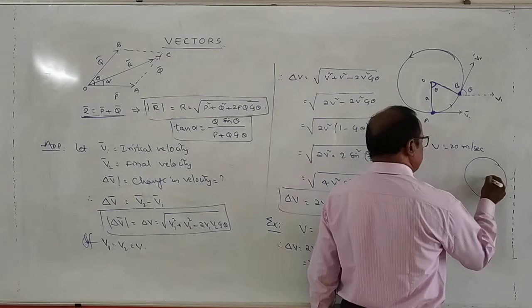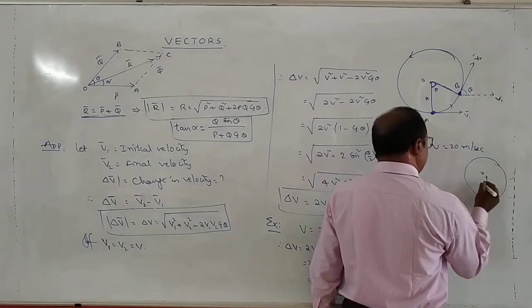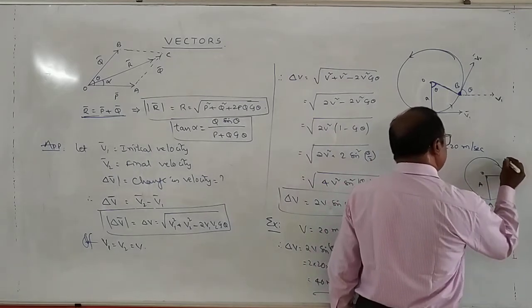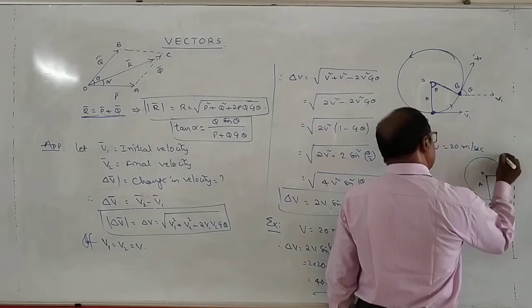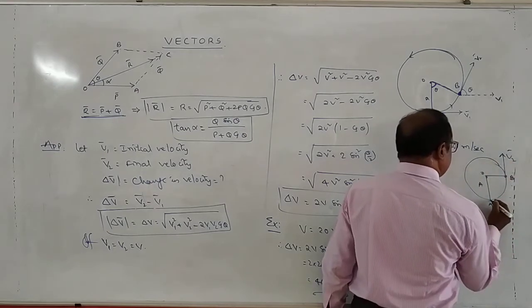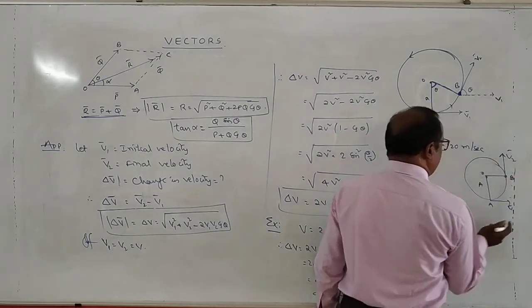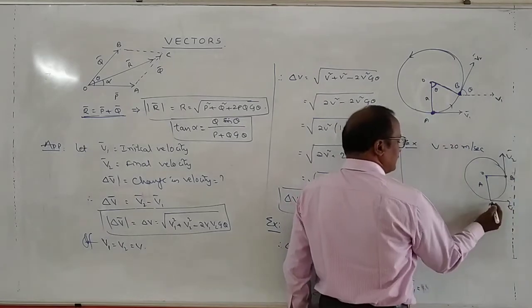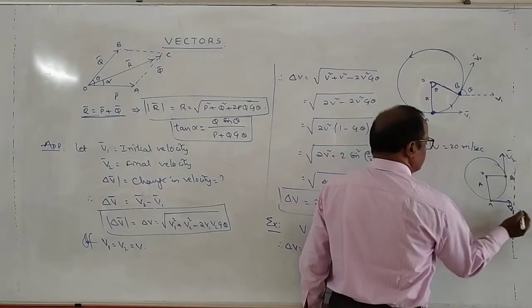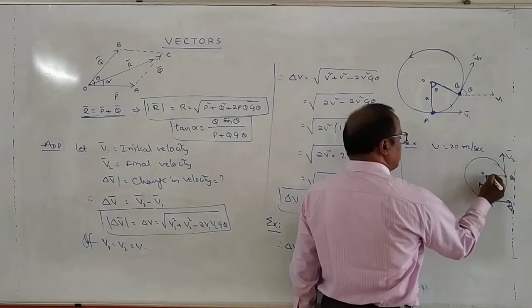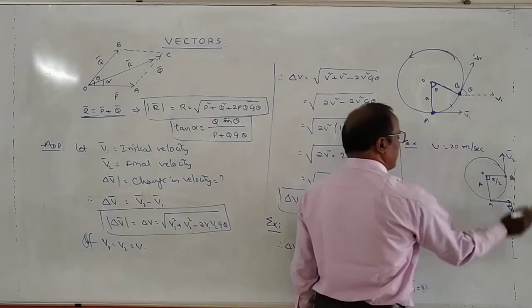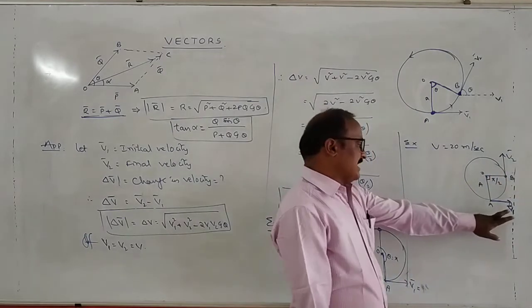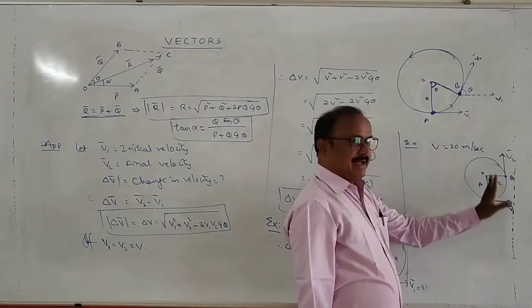This is the situation, with OA and this is O. Here the velocity is v2 bar, and here the velocity is v1 bar. What is the angle between v1 bar and v2 bar? This is v1 bar, and this is v2 bar. Here the angle at the center between the radius vectors is pi by 2 radians. Now the angle between v1 and v2 is also pi by 2.